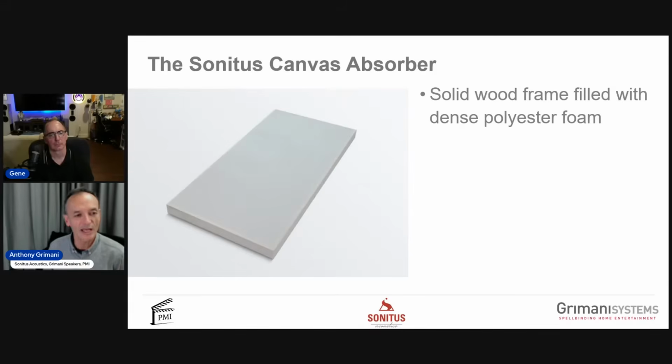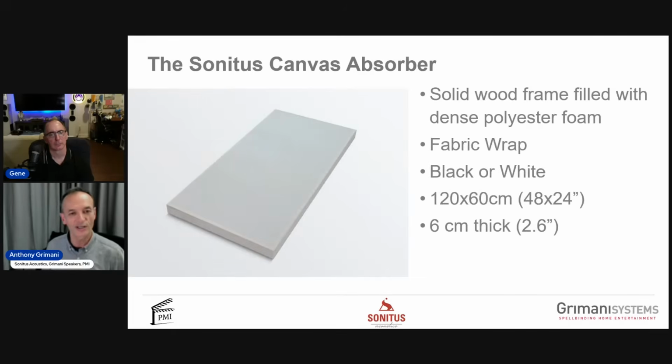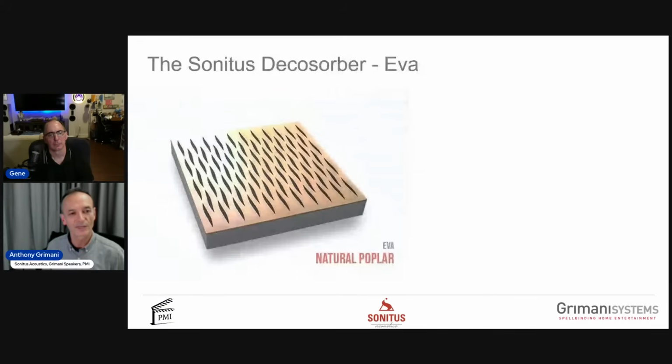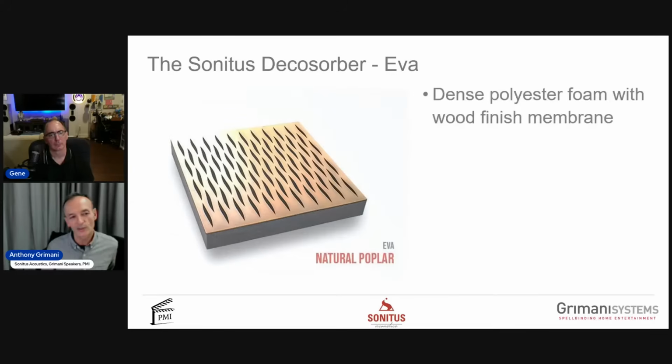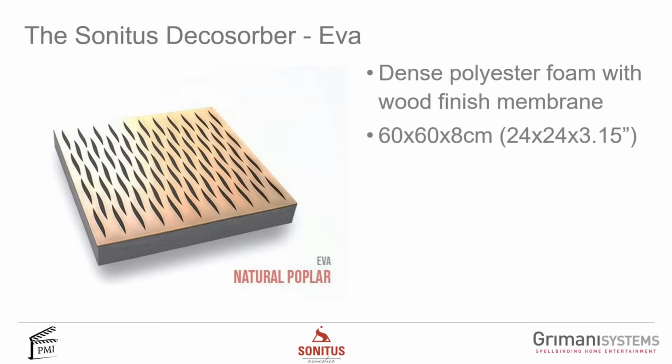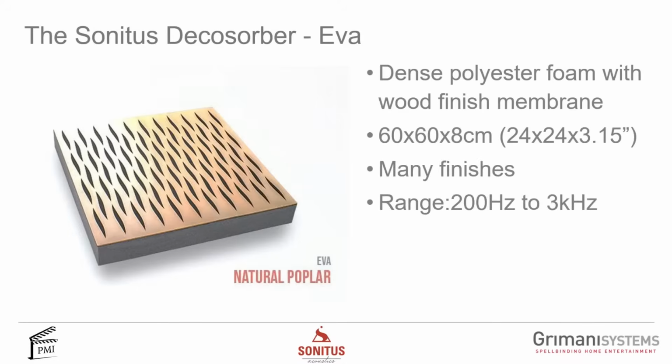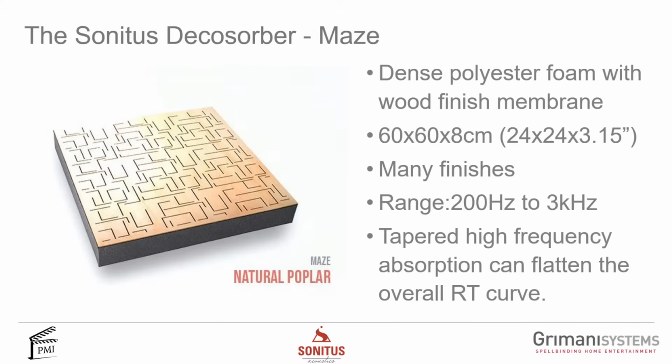So going to skip through these things. We have some flat panels called the Canvas absorbers that come in different colors, black or white. And then we have these interesting things, and I promise to quit after this. We have these things called a Decozorber, which are a mid-frequency absorber. They're essentially the same material as what's on our other absorbers, but they're covered with a wood plate that's sculptured either with this shape or that shape or this shape.